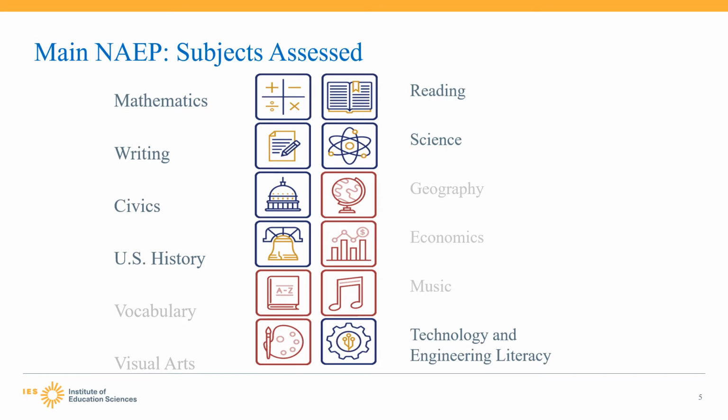Some of these subjects were administered only at the 12th grade level, like economics, while others such as technology and engineering literacy or TEL at grade 8. The TEL assessment assesses skills that might have been learned out of school. Moving forward, all the grade out subjects will no longer be assessed due to budgetary constraints.